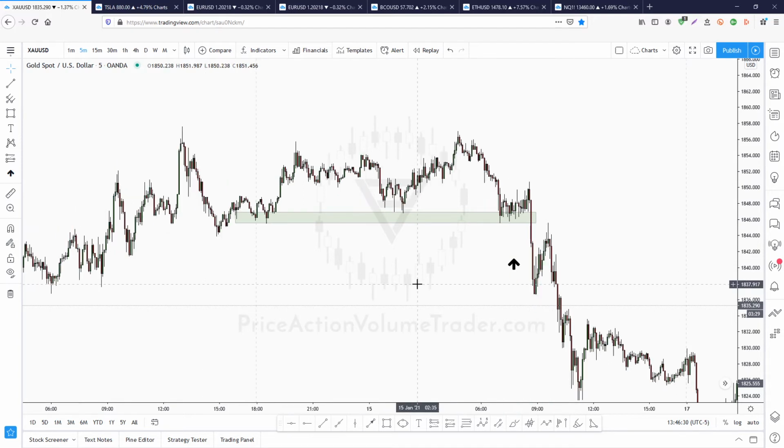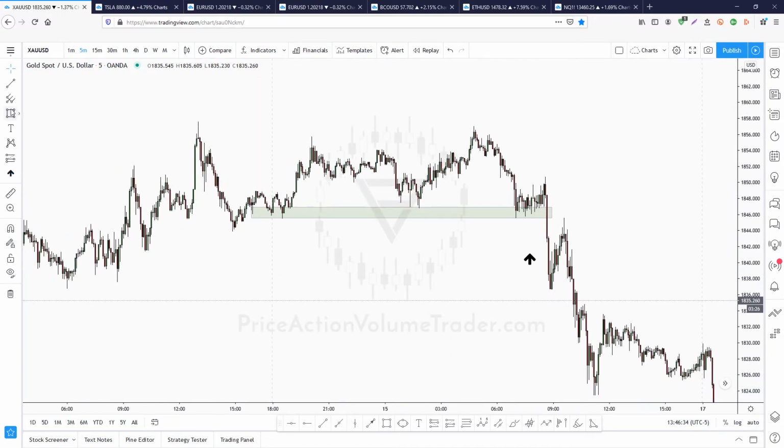Market structure has shifted down, and price has been making lower highs and new lower lows. So now we expect a new lower high.